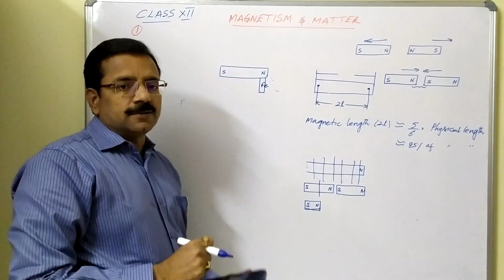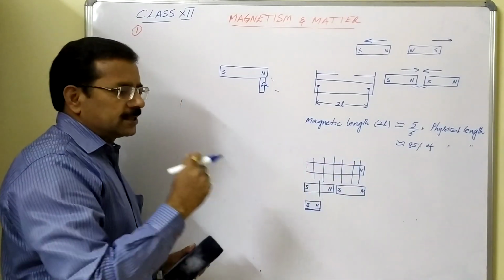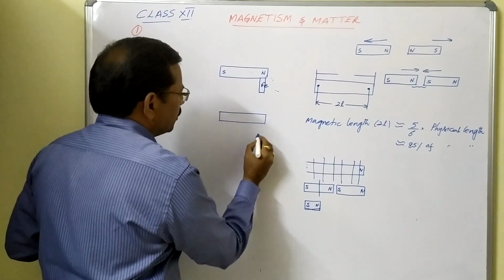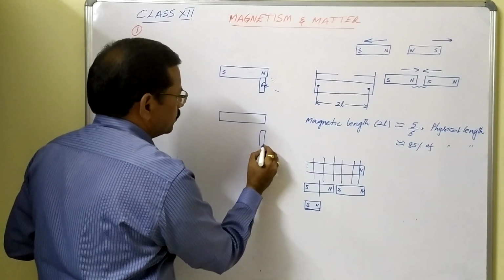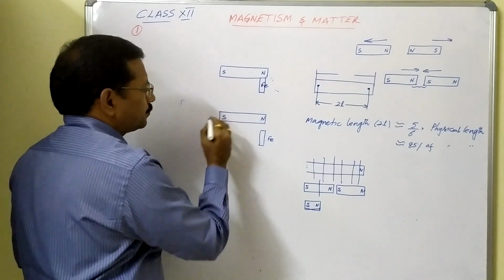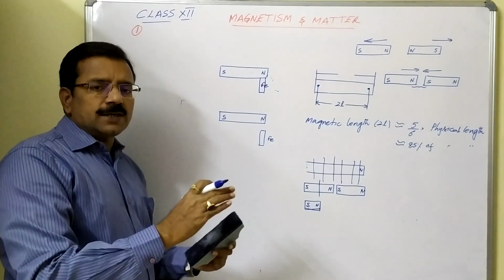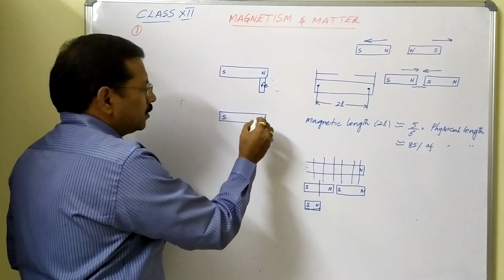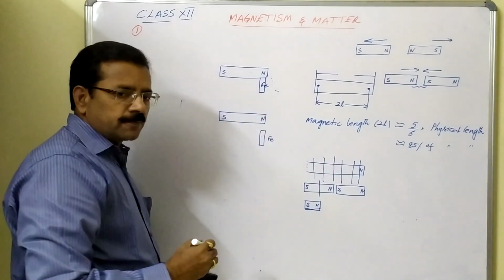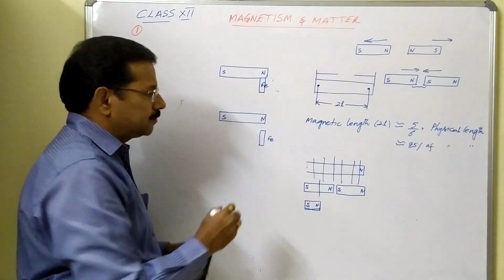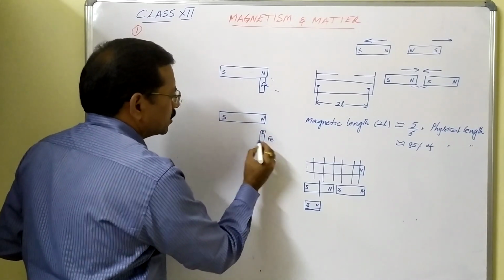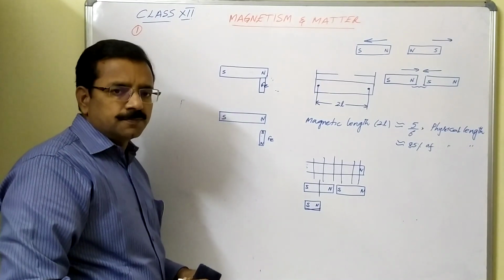But what actually happens before this attraction takes place is, when you place a ferromagnetic material close to a bar magnet, even though there is no actual contact between them, this magnet induces magnetism into it in such a manner that this end acts like an unlike pole and the farther end acts like a like pole.